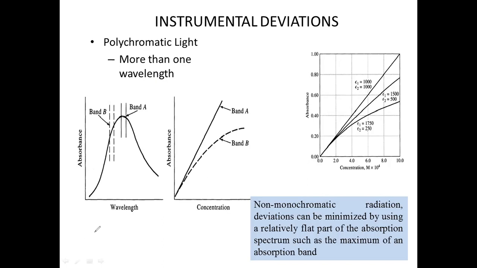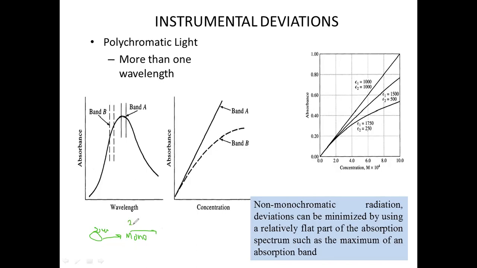So generally in the instrumentation, what we have is a source of radiation. This source of radiation is followed by the monochromator. The monochromator is expected to convert the light into monochromatic light.